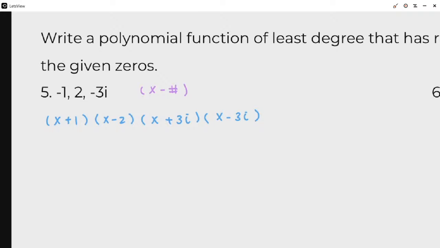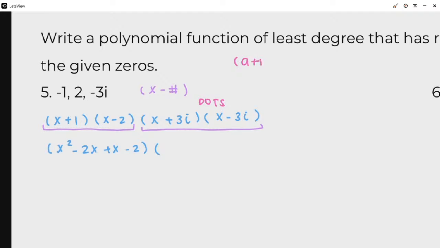Okay, so we want to write the polynomial function, so that means we have to multiply this out. I would multiply the real numbers together and the imaginary numbers together. So for the real numbers, that'll become x squared minus 2x plus x minus 2. And then for the imaginary, this is actually a difference of two squares.